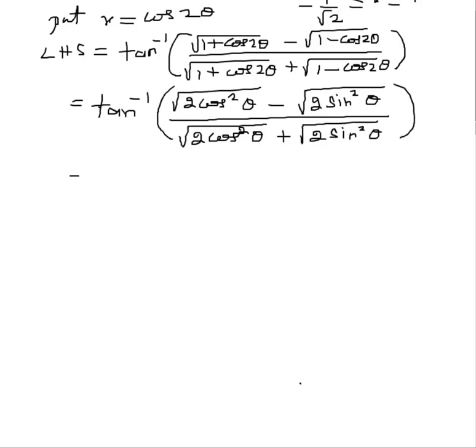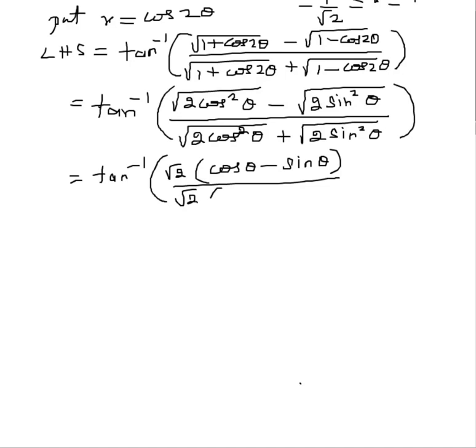Tan inverse of, root 2 is common, we can take it out. Root of cos square is cos theta minus sin theta, divided by, here also root 2 is common in the denominator, so cos theta plus root of sin square, which is sin theta.